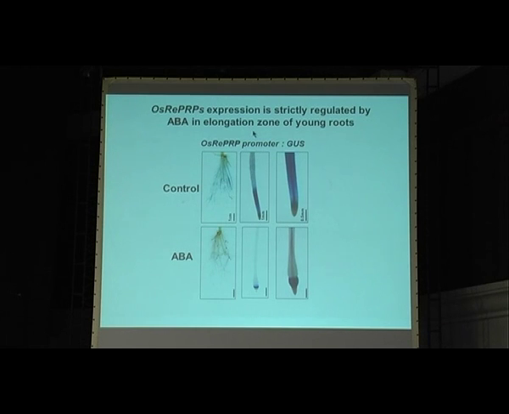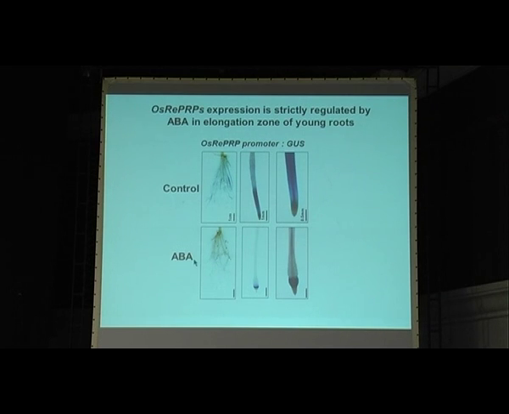Where in the root is this protein expressed? So here we have the control. We have the promoter of this gene linked to GUS. In the control, that is, there's no stress, there's no ABA treatment, you see a low level of expression of this protein throughout the root.